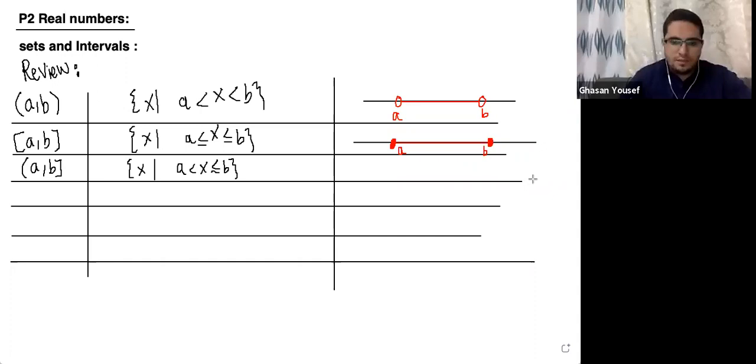The same thing, I graph a line, and at A it is an open circle, and at B it is closed, with a line between A and B.